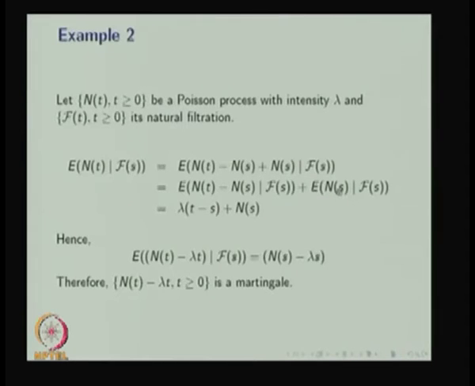Therefore, the expectation of a constant is a constant, so it is N of s. It's not lambda times s, because once you know the information till time s, you know the value of N of s also. N of s is no more a random variable.